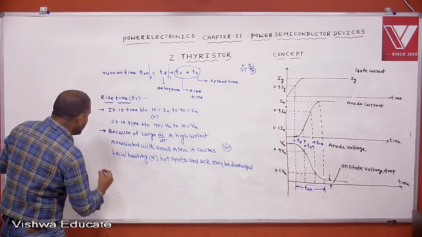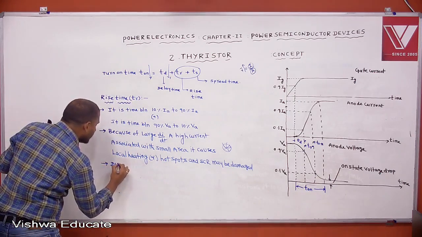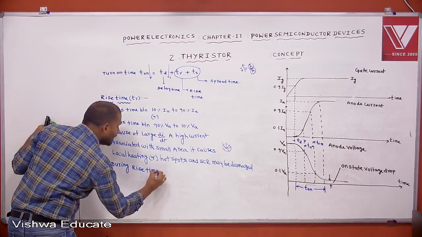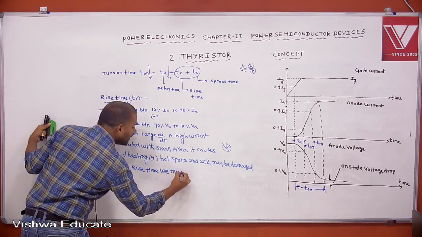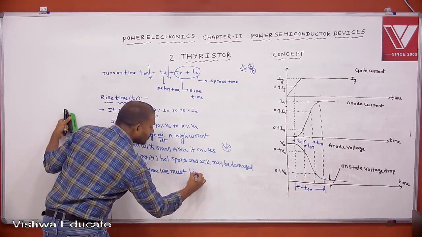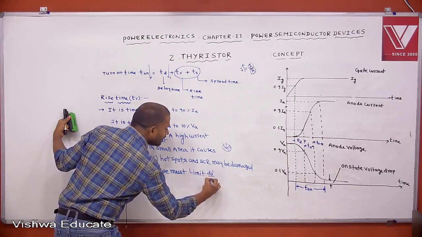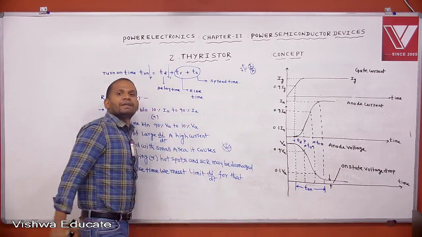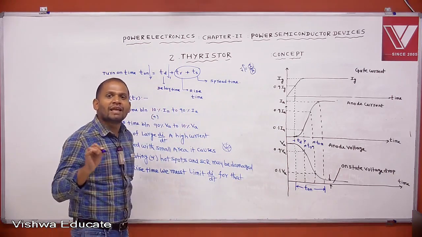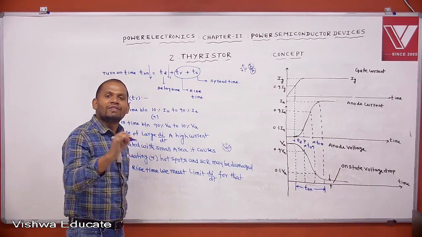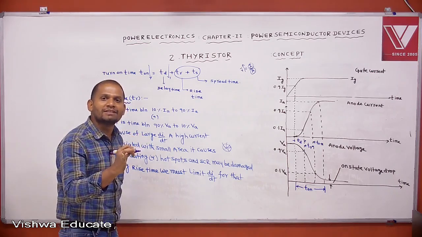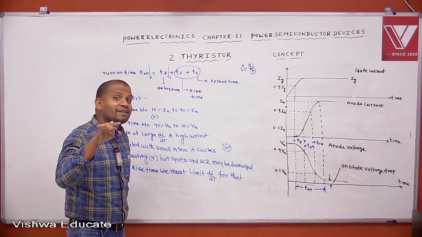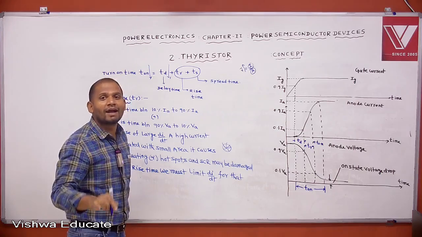During rise time, we must limit di by dt. For that, what can you connect? An element which cannot allow the sudden change of current. Which element cannot allow the sudden change of current? An inductor cannot allow the sudden change of current.